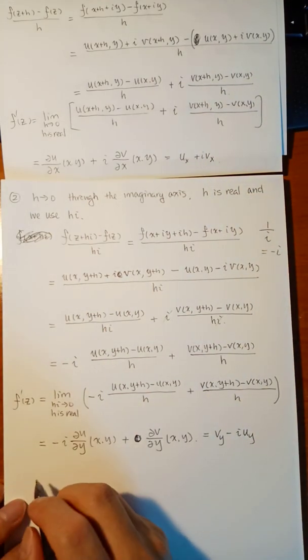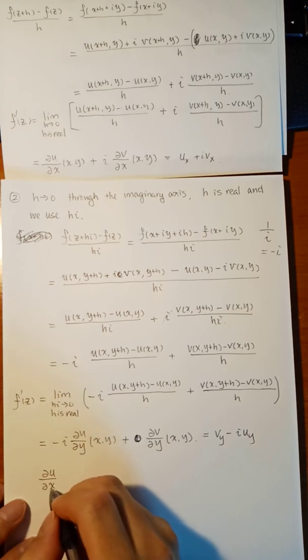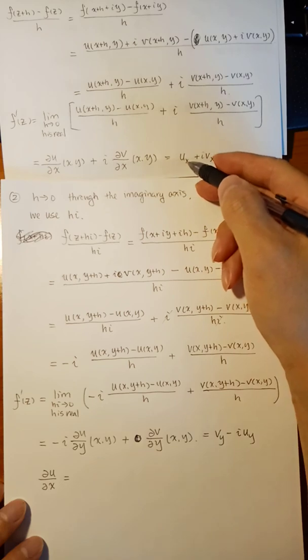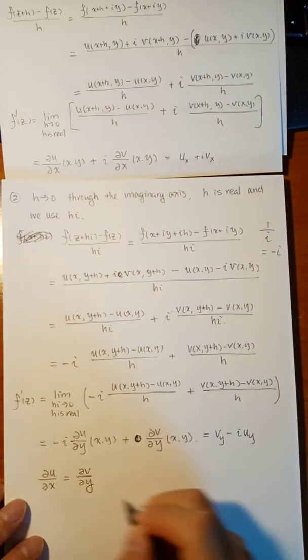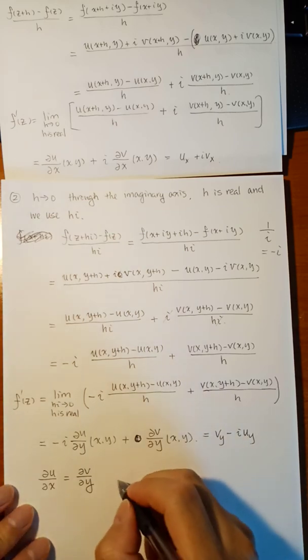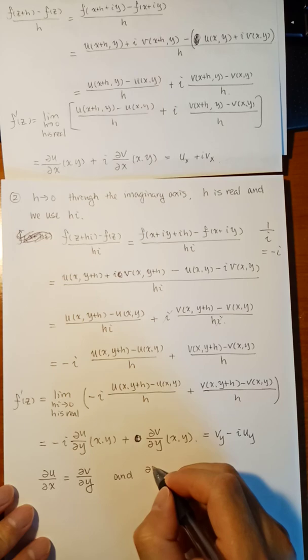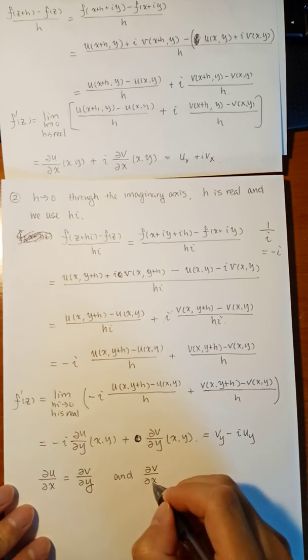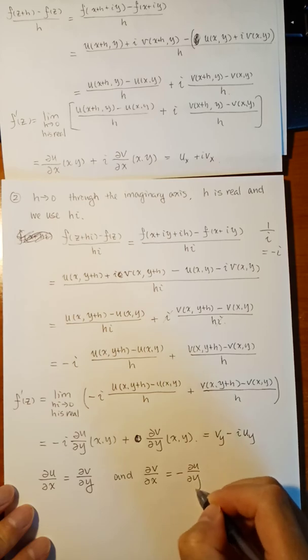So we have partial u partial x, the real part, is equal to partial v partial y. And this partial v partial x is equal to negative partial u partial y.